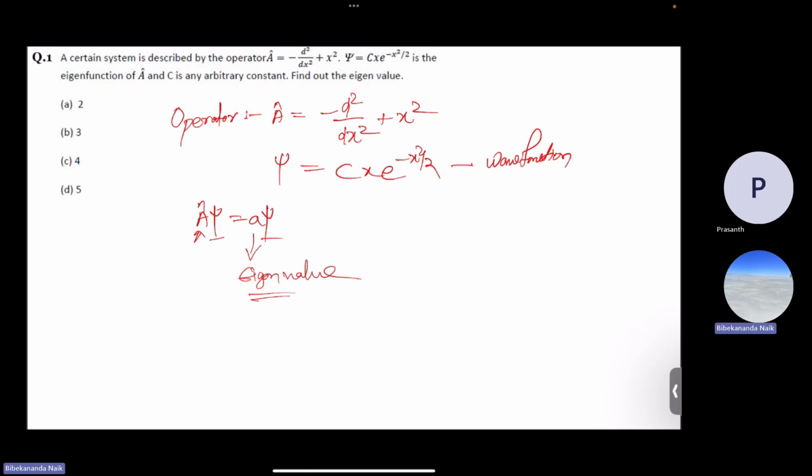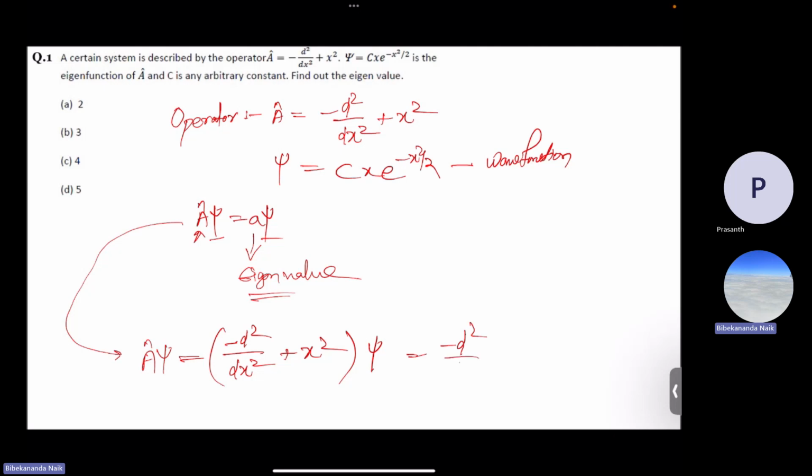So now here we will first do A cap psi. A cap psi is, what is A cap? A cap is minus d square by dx square plus x square into psi, which equals minus d square by dx square plus x square into the function C x e to the power minus x square by 2.